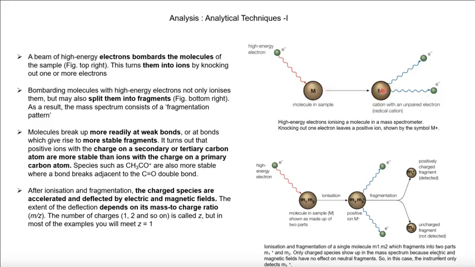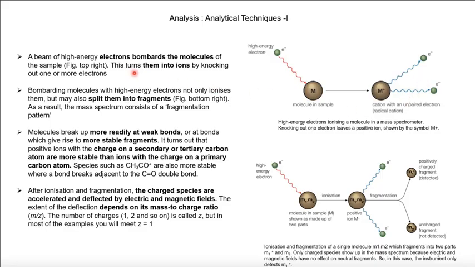And this molecular ion, what happens? Due to electric and magnetic fields, it goes to where we can record this molecular ion in a detector and then analyze this.